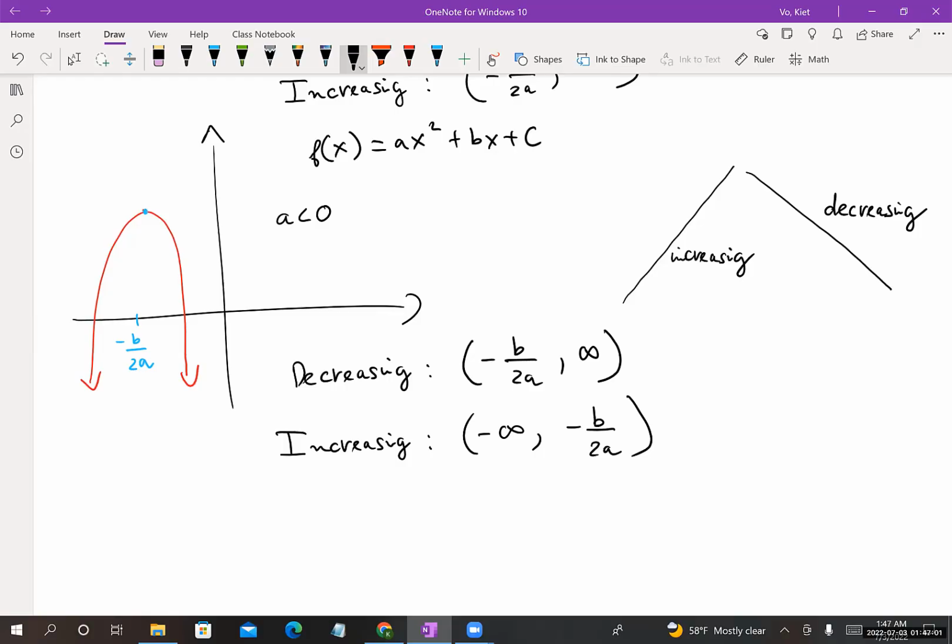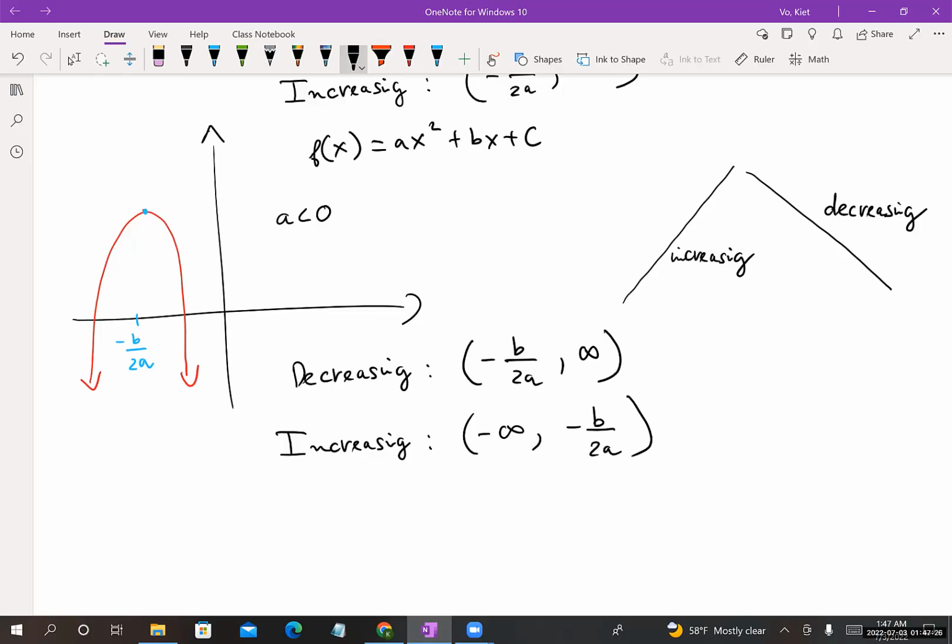From there you should be able to identify the vertex, and that will help you determine where the function is increasing and decreasing, because the x coordinate of the vertex is where the function changes its behavior.